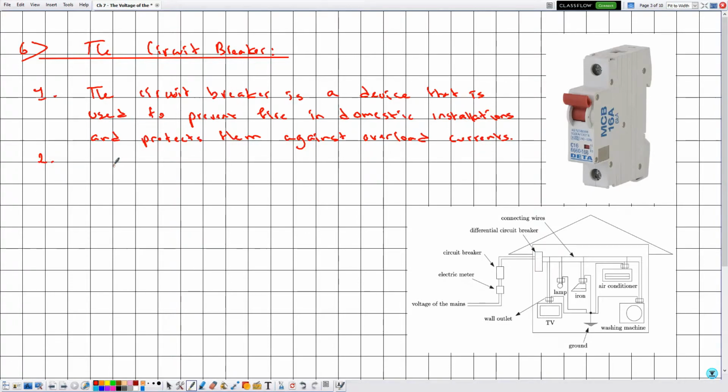Now idea number 2. So where do we use the circuit breaker?